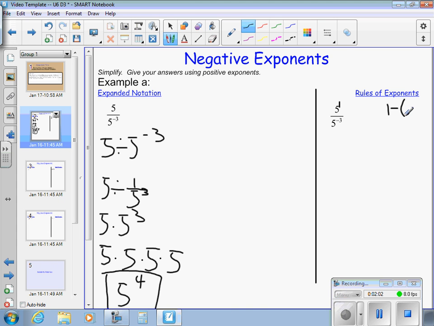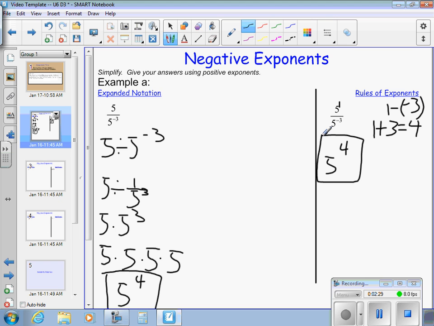So we're now going to subtract 1 minus negative 3. That is, of course, the same thing as 1 plus 3, which equals 4. So we now have 5 to the 4th power.